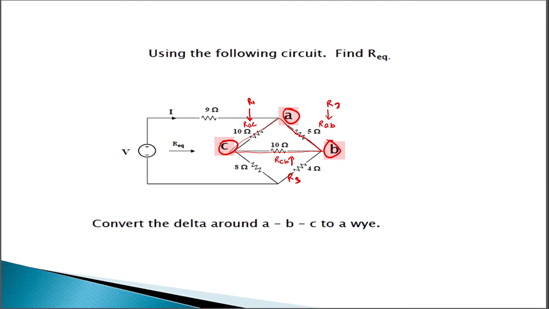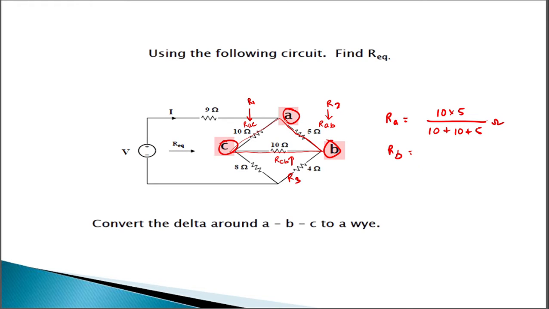So now we can say RA, the resistances that connect A with B and C, right? So 10 multiplied by 5 divided by the total of the resistances, which is 10 plus 10 plus 5. This is RA. Let's see RB.